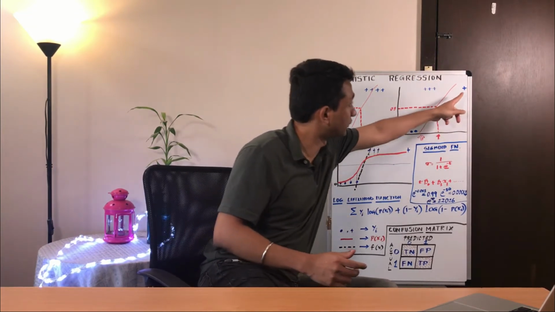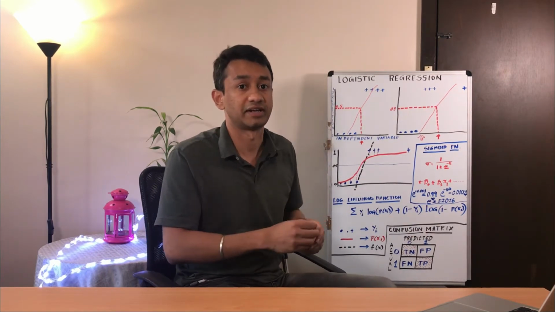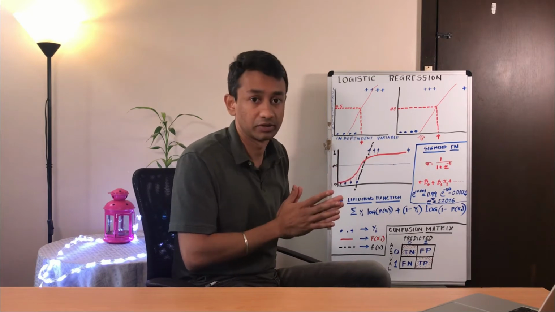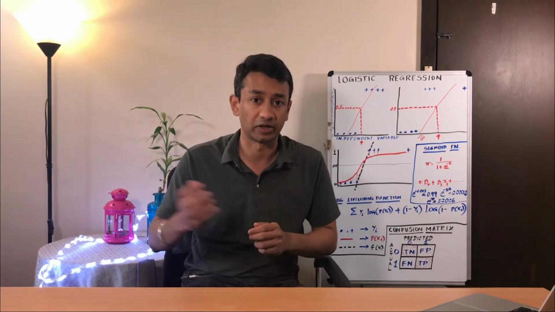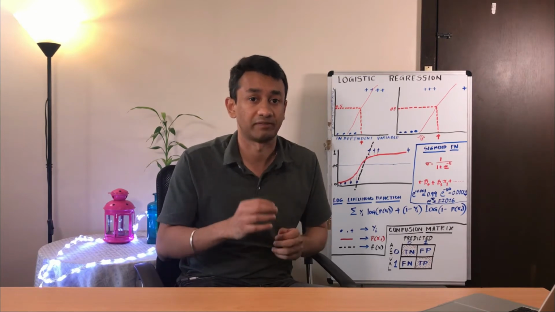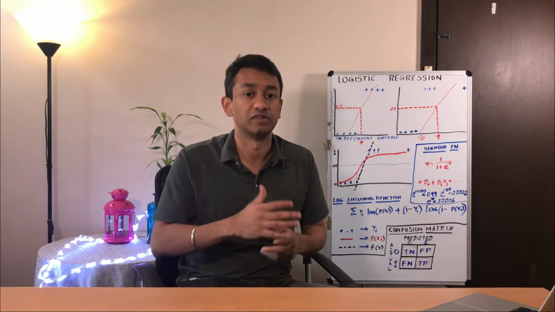Why? Because of this particular outlier. Because of just one outlier, linear regression cannot be used for this kind of situation. In a real life scenario, there will be a lot of outliers. So that's the reason why we can't use linear regression to make a prediction which is binary in nature.